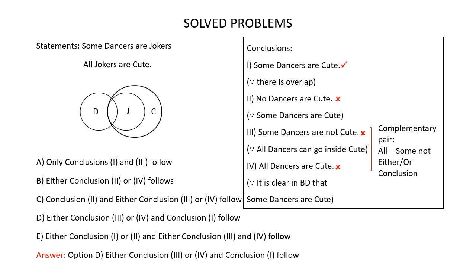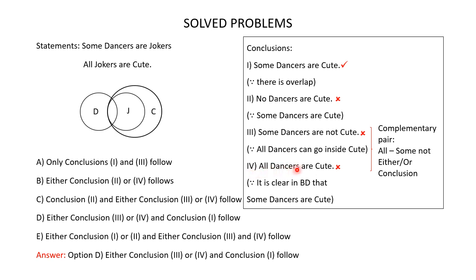Now if all dancers can go inside cute, it means the conclusion some dancers are not cute is wrong. Now the logic here is if all dancers can go inside cute, it means all dancers are cute. Now if all dancers are cute, you cannot say some dancers are not cute. So the conclusion some dancers are not cute is wrong. Conclusion 3 does not follow.